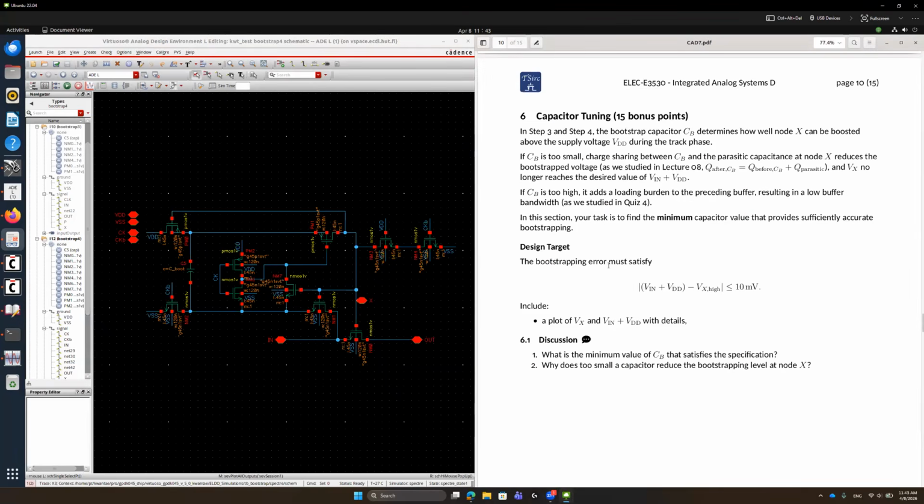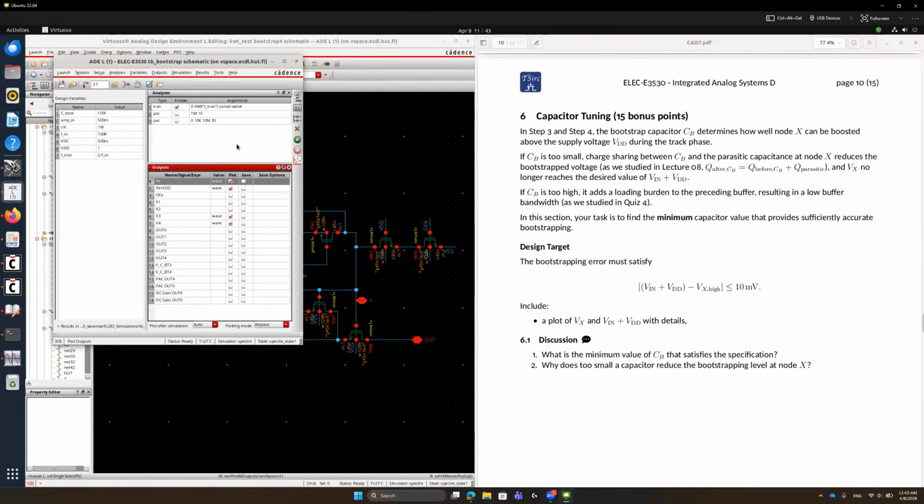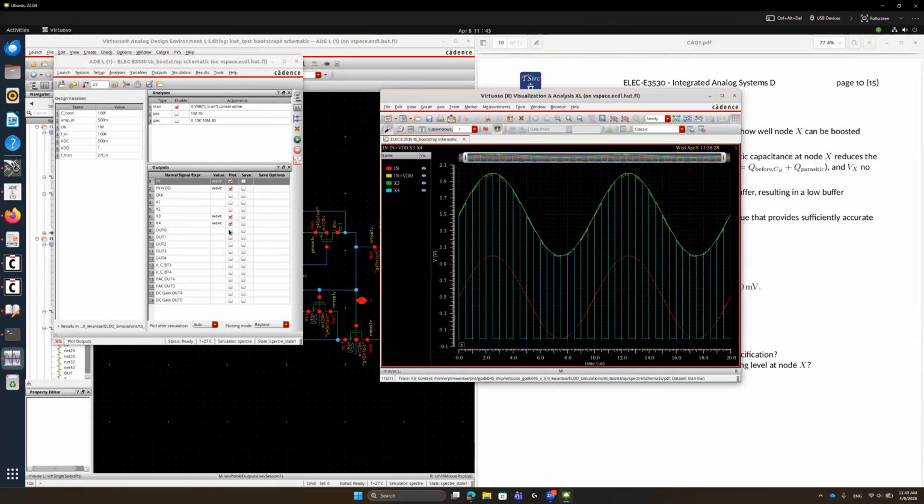So bootstrapping error must be within 10 millivolt. So we can verify this. Let me see. And I set 100 femtofarad in this case.